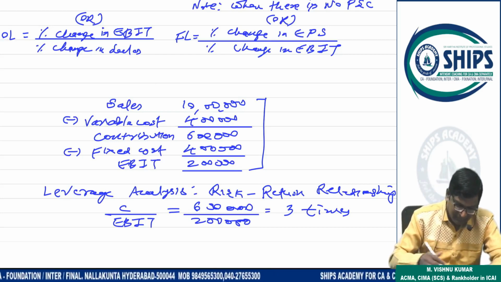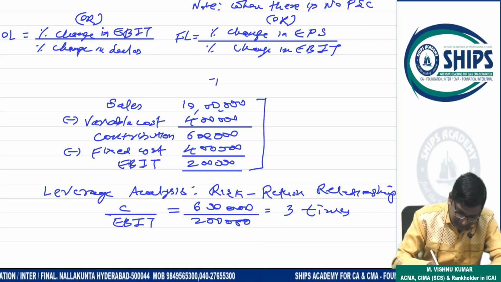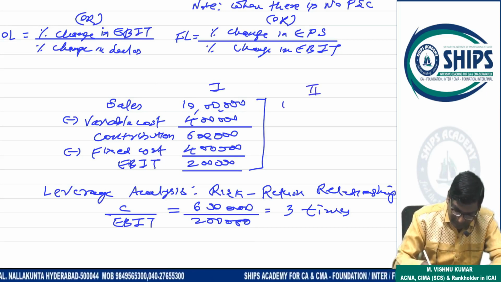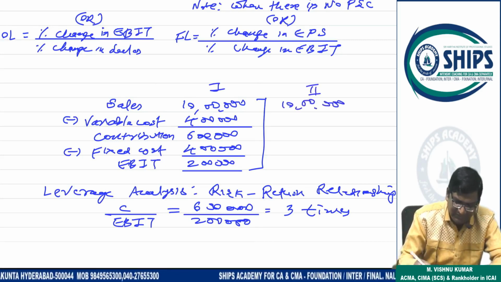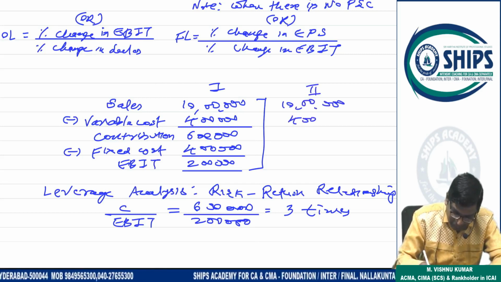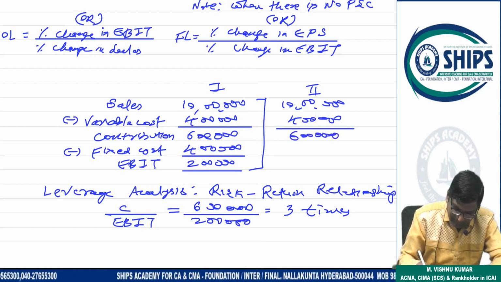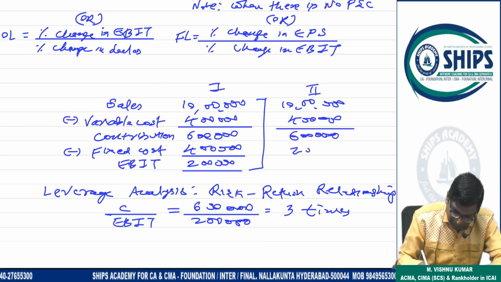Understand? Now second situation. Suppose second situation, sales same 10 lakhs. Same रखो. Variable cost also 4 lakhs. Contribution 6 lakhs. Now fixed cost is 2 lakhs only.